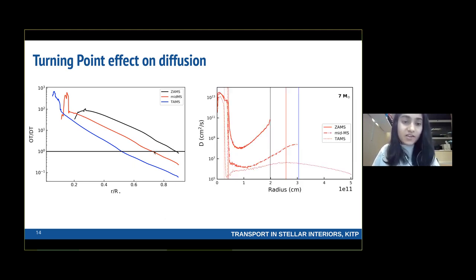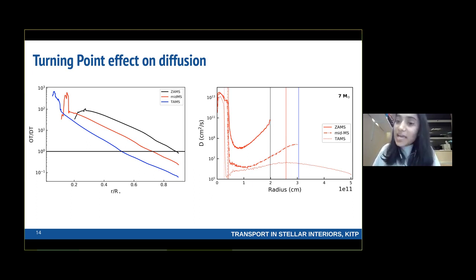And we can see here the effect of the turning point on the diffusion profile, where the vertical lines in black, red, and blue correspond to the turning points shown in the plot on the left. As you can see, in the ZAMS and mid-MS, the turning point has little or no effect on the mixing profile.